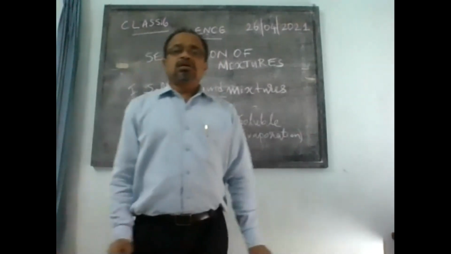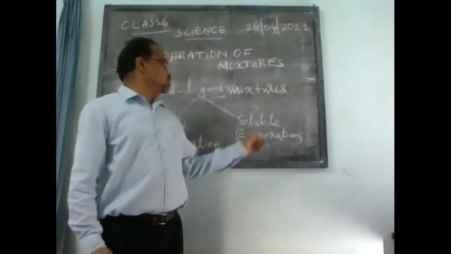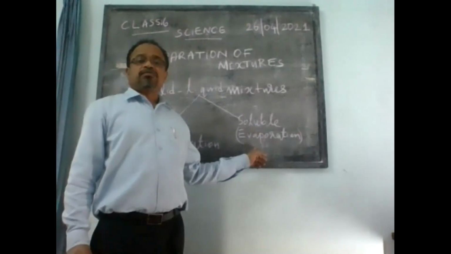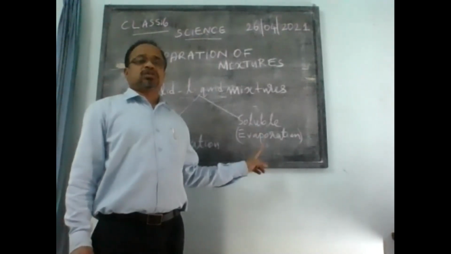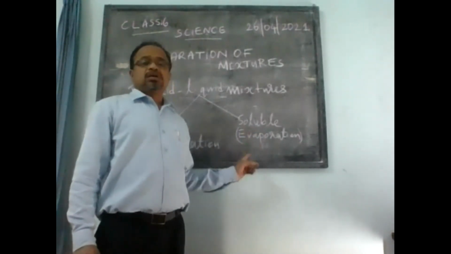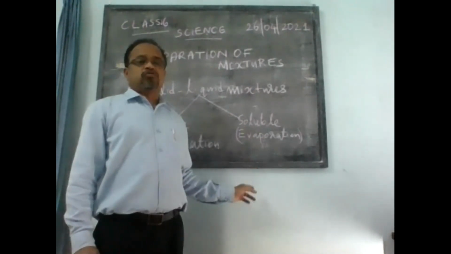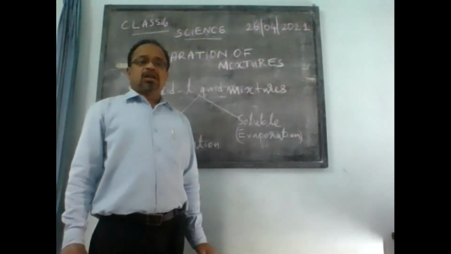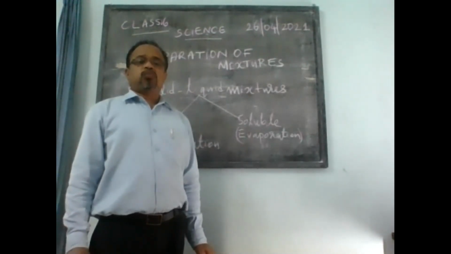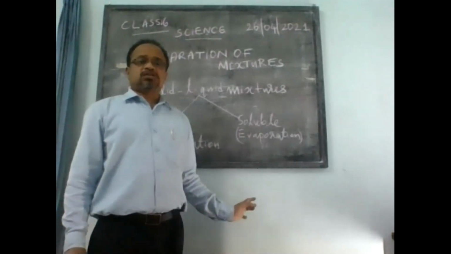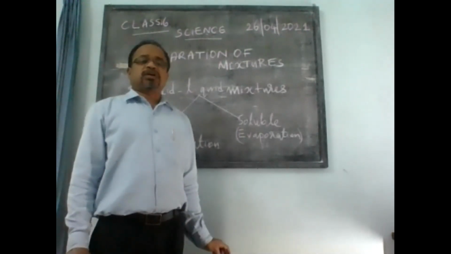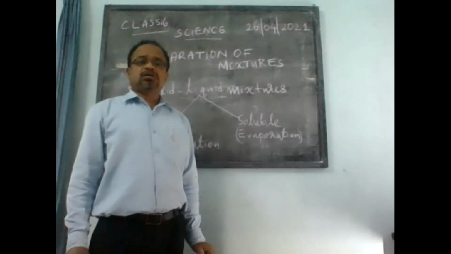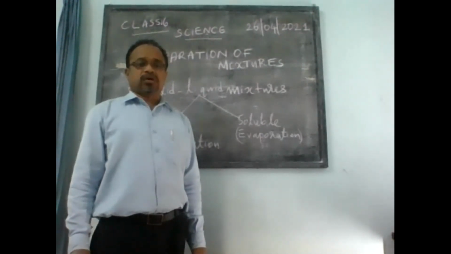The simple method employed for the separation of a soluble solid from a liquid-solid mixture is called evaporation. The meaning of evaporation is the process of changing a liquid into its vapor state. This process is carried out for the separation of common salt from seawater, and on a large scale, this is employed.